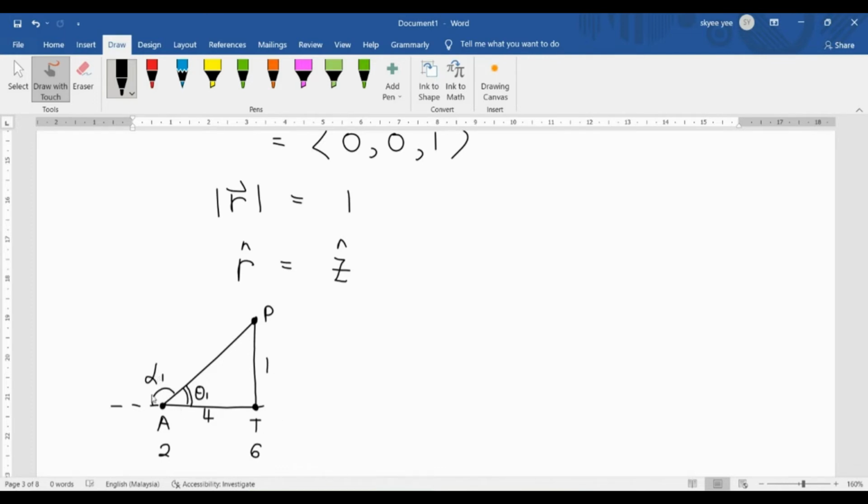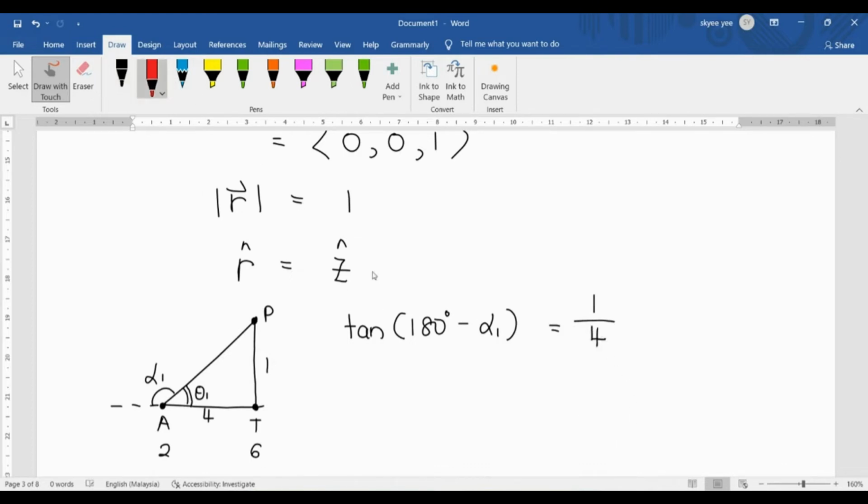So tangent, maybe I will write it this way, 180 degrees minus alpha 1, which is theta 1, equals opposite over adjacent.